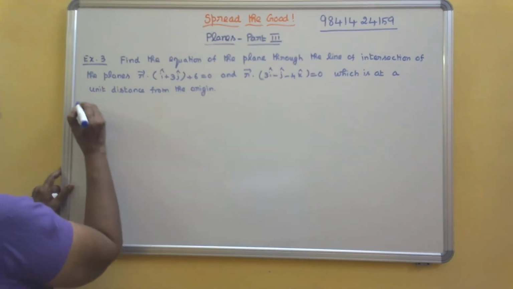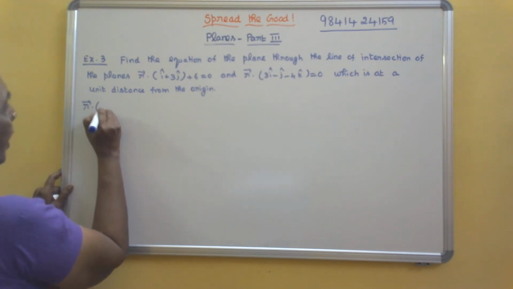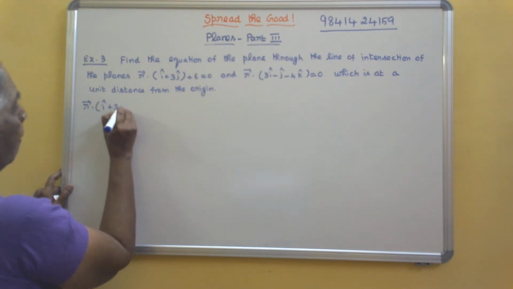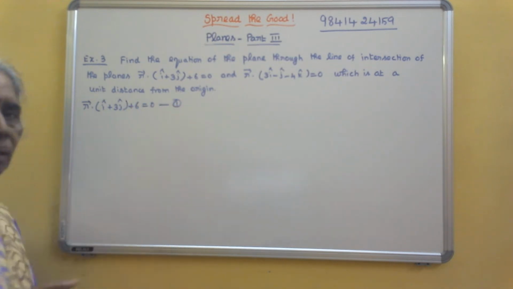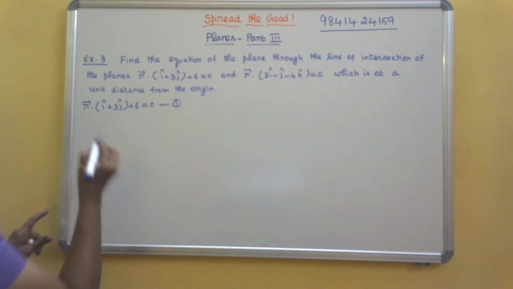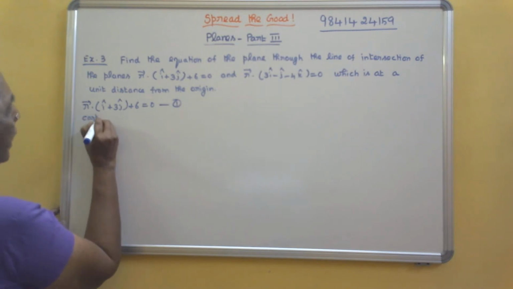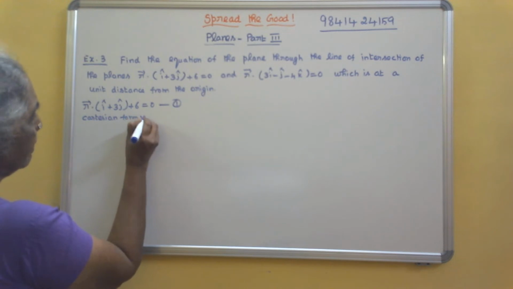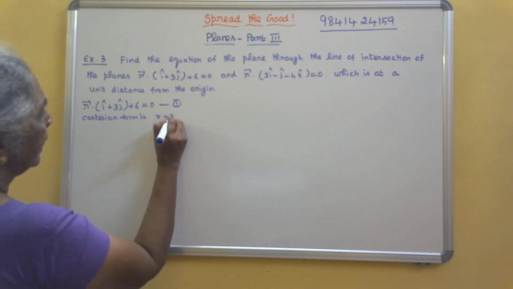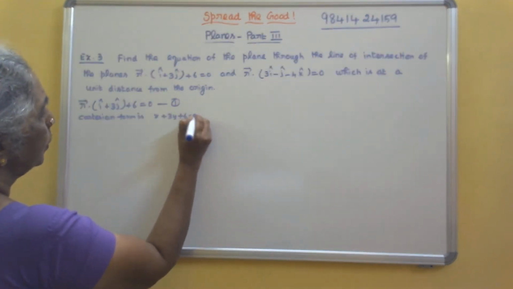The first equation they have given is r vector dot i cap plus 3j cap plus 6 is equal to 0. What to write now? The Cartesian form. So the Cartesian form is x plus 3y plus 6 is equal to 0.